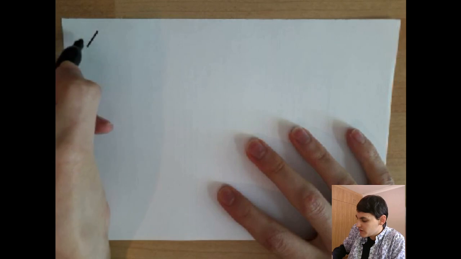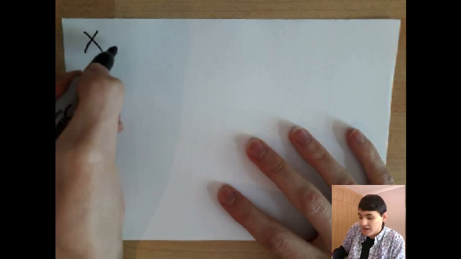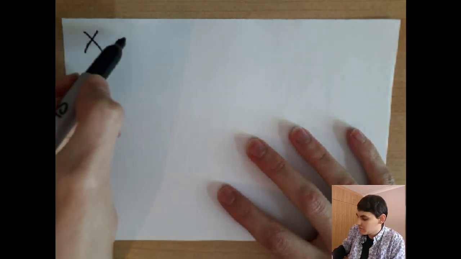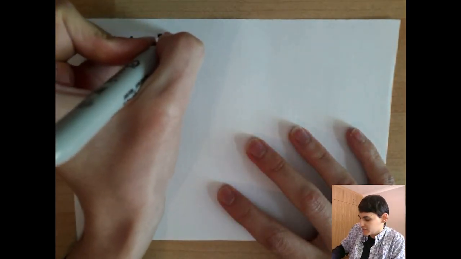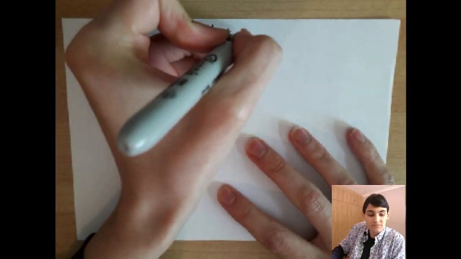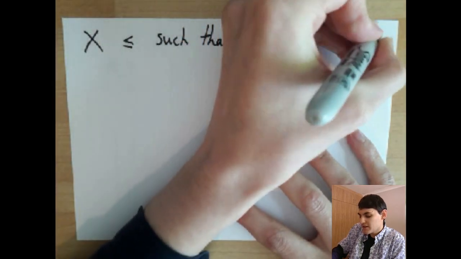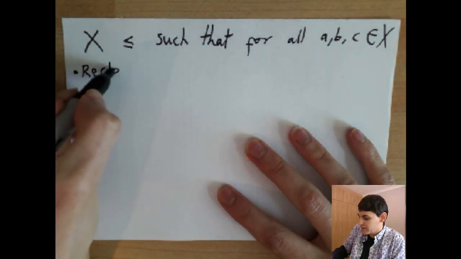First of all, let's quickly discuss what a partial ordering is. So for a partial ordering, you take some set, maybe like X, and a partial ordering is some relation, which will be given this symbol, such that for all A, B, and C in X, we have reflexivity.